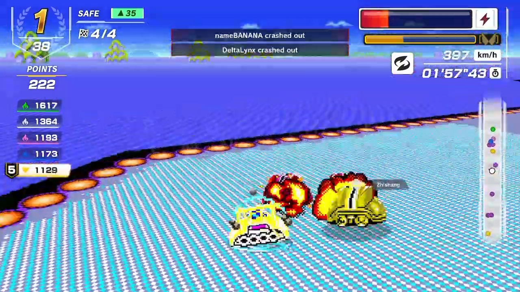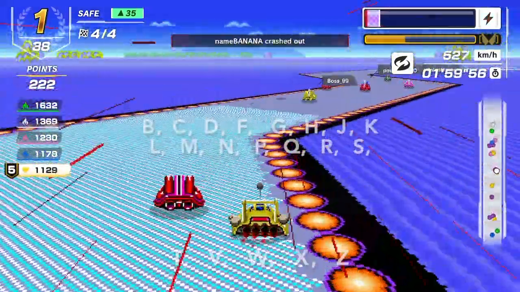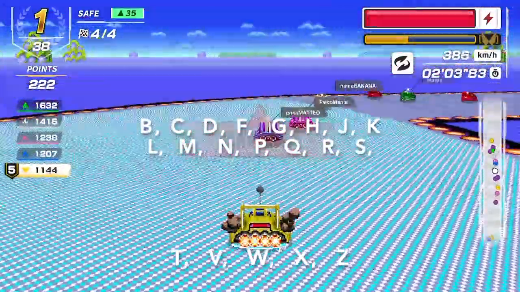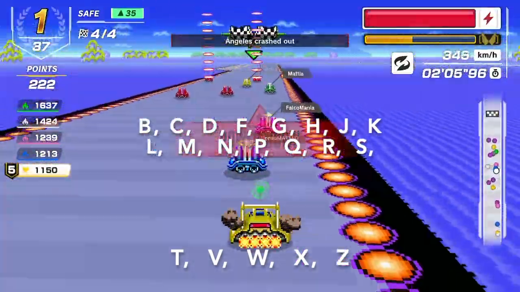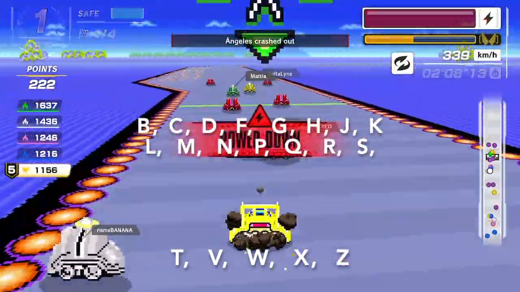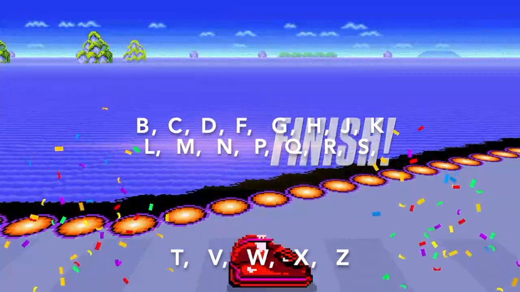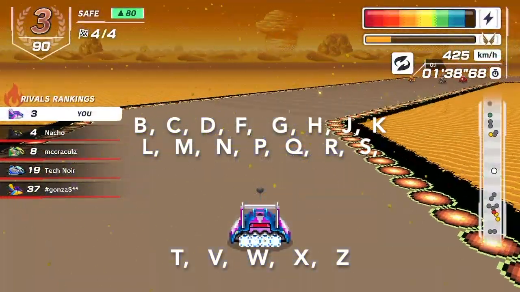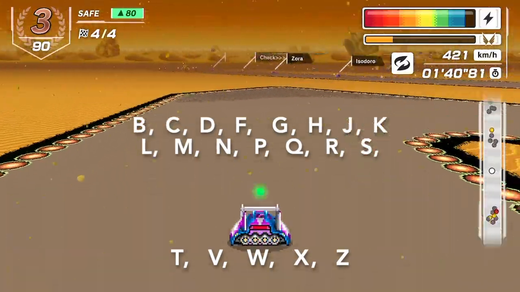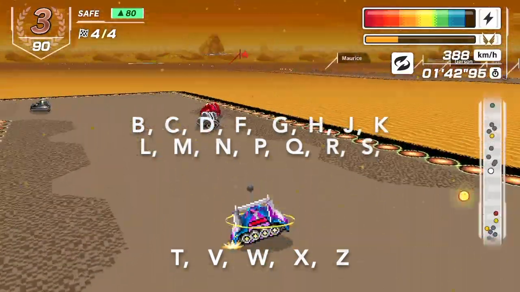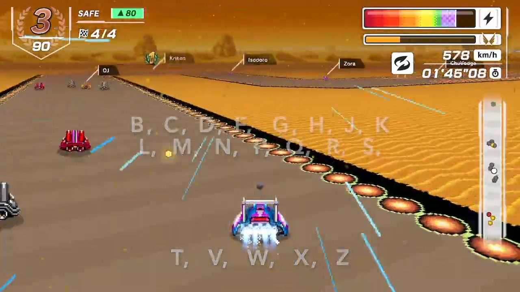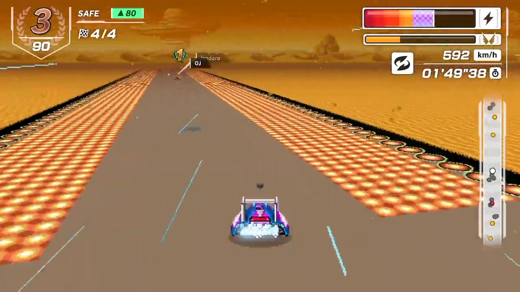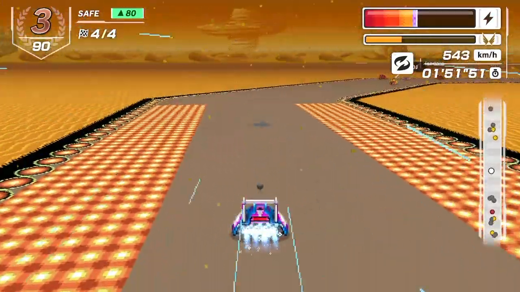The other 20 are all of our consonants: B, C, D, F, G, H, J, K, L, M, N, P, Q, R, S, T, V, W, X, and Z.